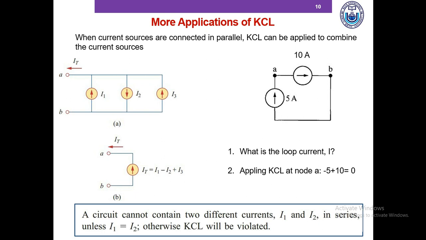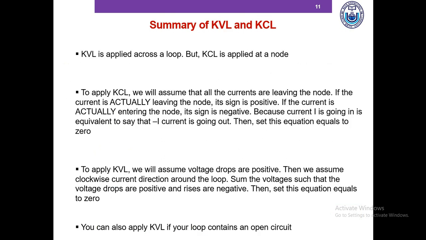If you find two or more voltage sources in parallel, or two or more current sources in series, we need to look into them and see if the magnitude or values of those sources are identical. If they're identical, then we'll say that the circuit is valid. If they're not identical, we'll say that the circuit is invalid. Now we're going to see some examples of how to assess the validity of an electrical circuit using these principles. But before that, I'd like to just summarize KVL and KCL.